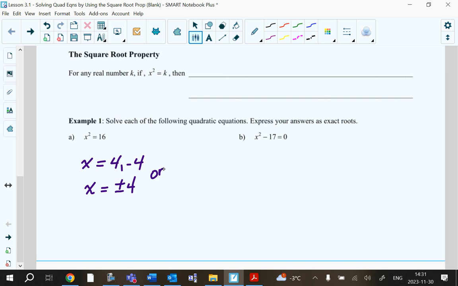So if x squared equals k, then x will equal the positive square root of k, and x will equal the negative of the square root of k. Be careful with that because many students miss that. They forget about it. Or, like I said, we could just do it in one shot. x equals plus or minus the square root of k.